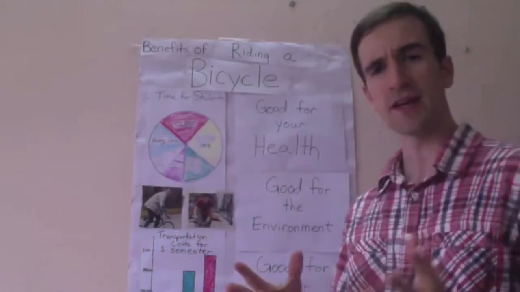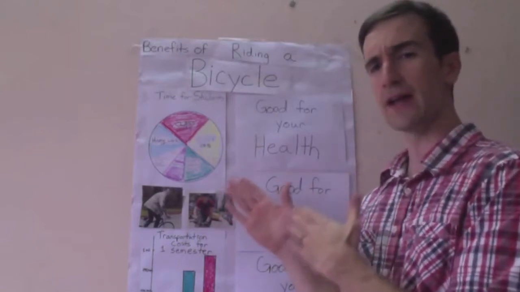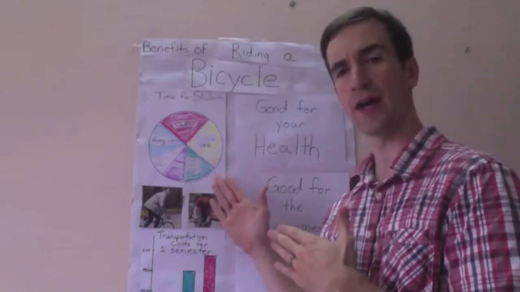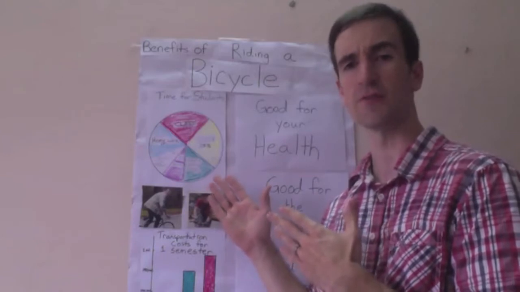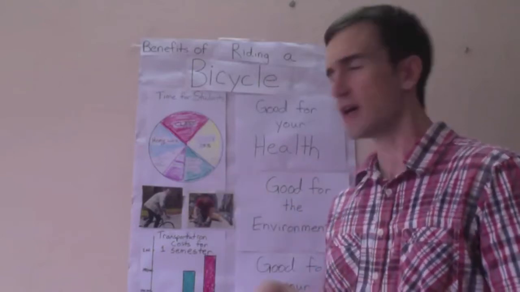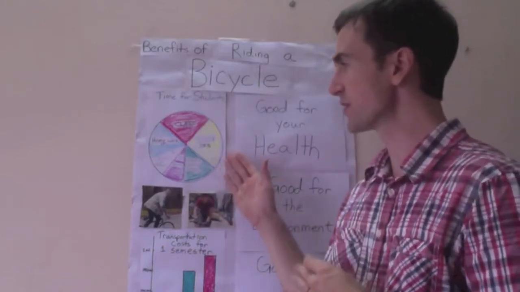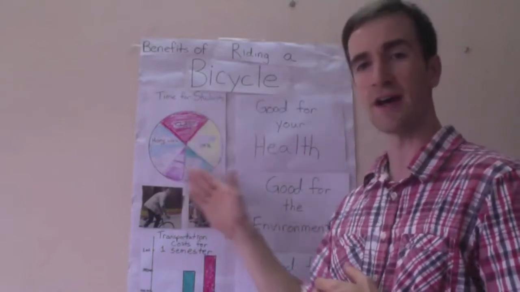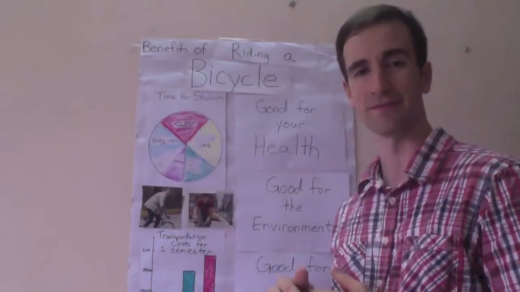And one thing I could say is, this pie chart shows the way that students spend their time. Or this pie chart shows the way that students' time is divided.